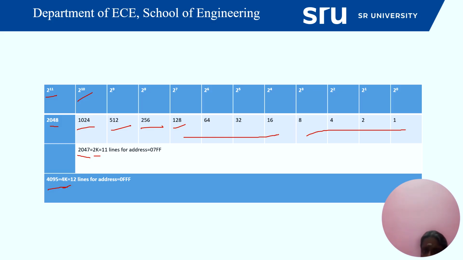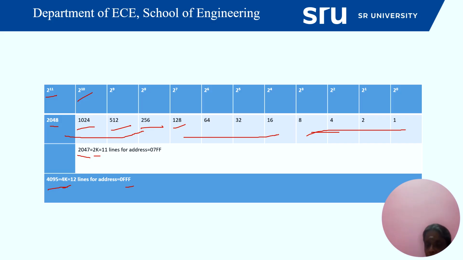So if all are 1, as I have explained previously, it is F, it is F, it is F. So 0, F, F, F. That is why in the previous diagram for 2 kilobyte I have mentioned the address 0FFF. So 4 kilobyte is equal to 0FFFH.